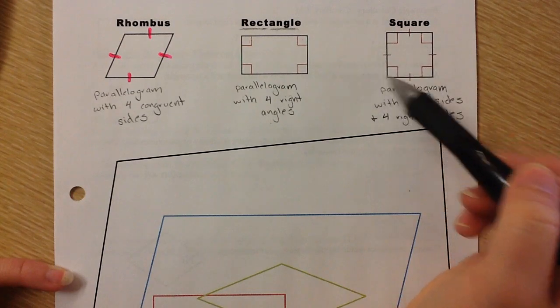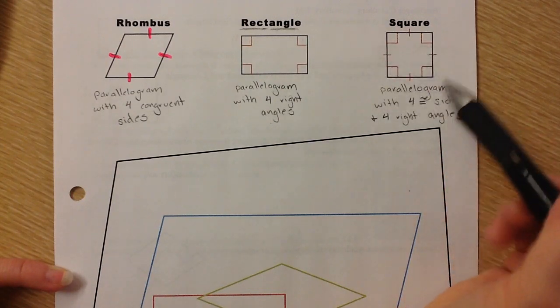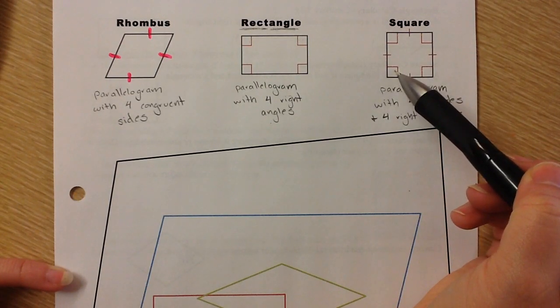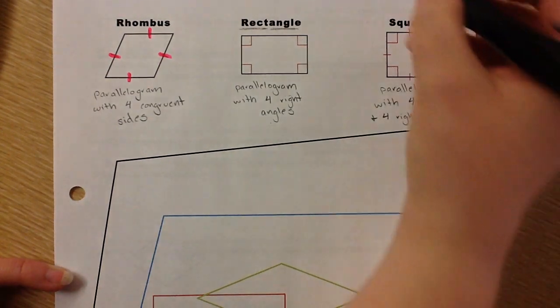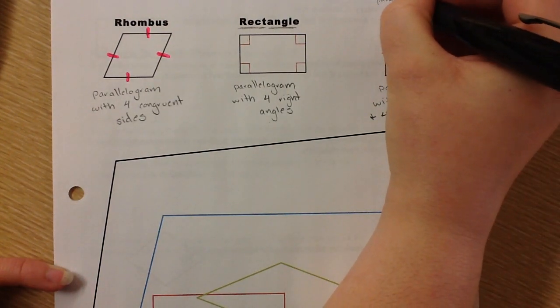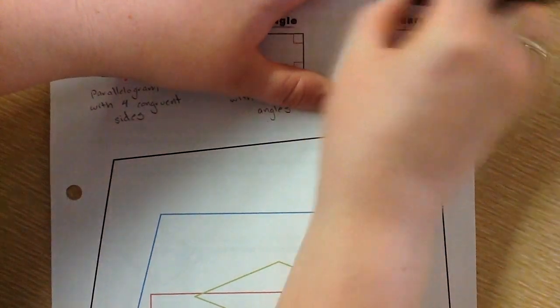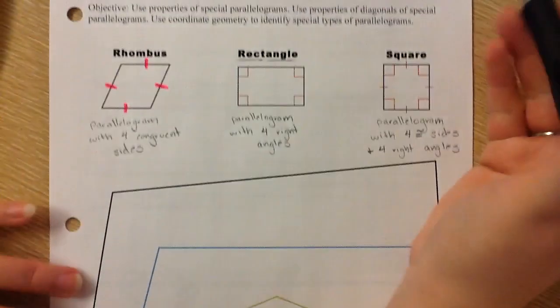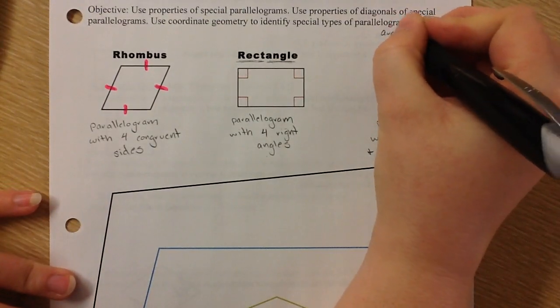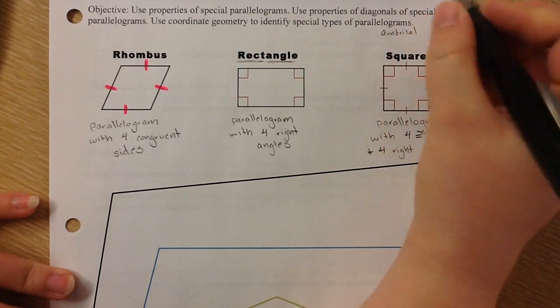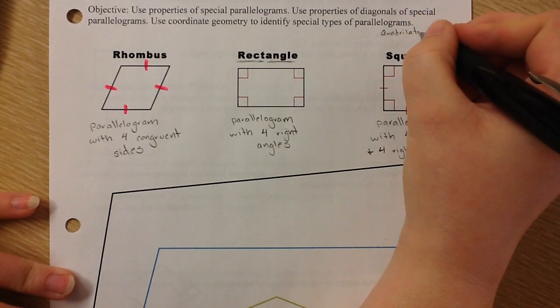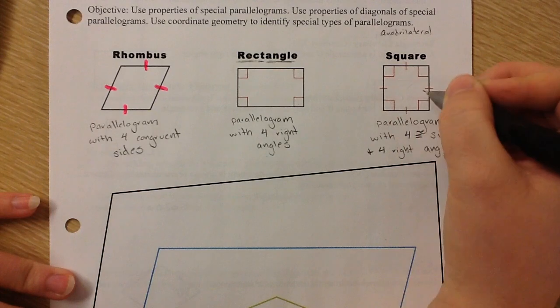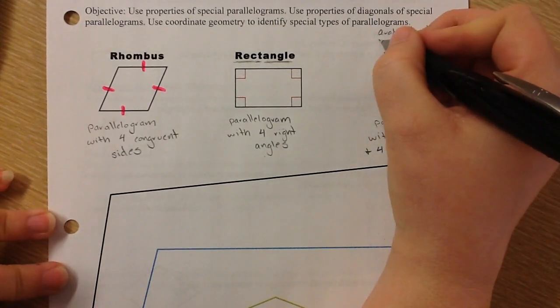So this figure right here is a parallelogram. First and foremost, it's a quadrilateral. Sorry for the wiggles. It's a quadrilateral because it's a polygon with four sides. Since it has four sides, it's a quadrilateral.